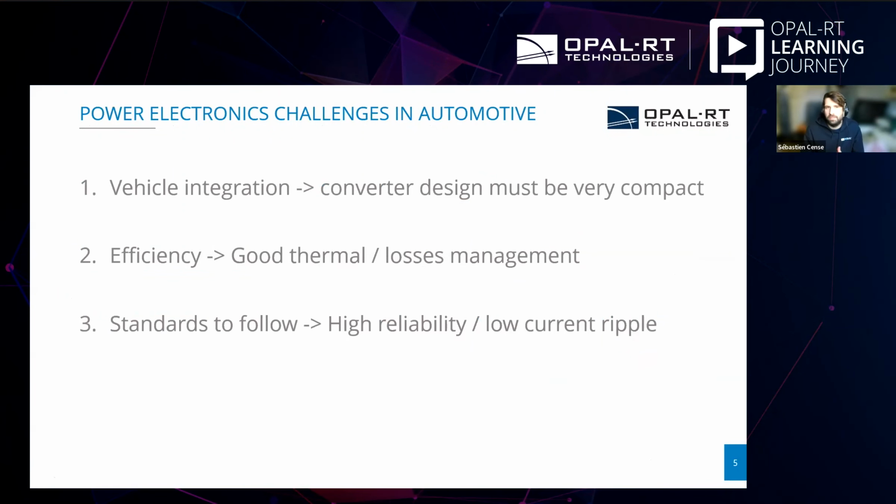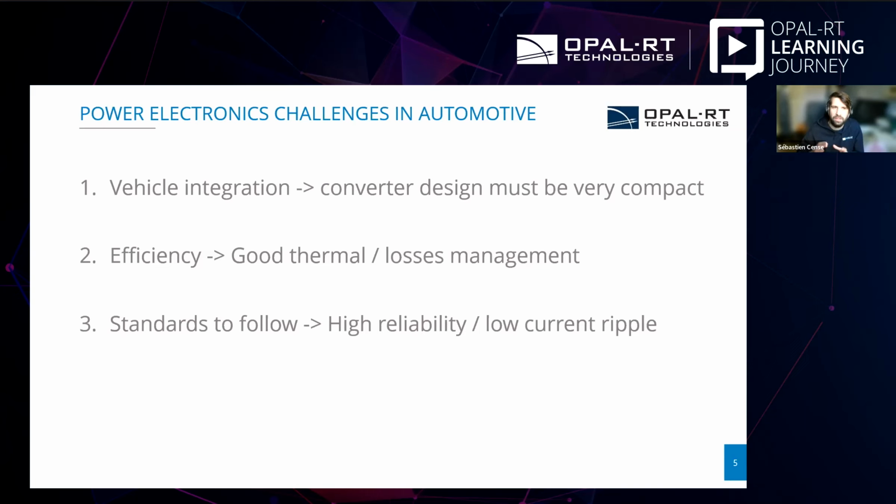So there are many challenges in power electronics nowadays, and even more in automotive. The first challenge that the automotive vendors are facing is vehicle integration. How can a converter design be extremely compact? Like the team at Valeo that we have worked with for the past years, they had great challenges in making their product as compact as possible in order to fit various cars, but also keeping it efficient.